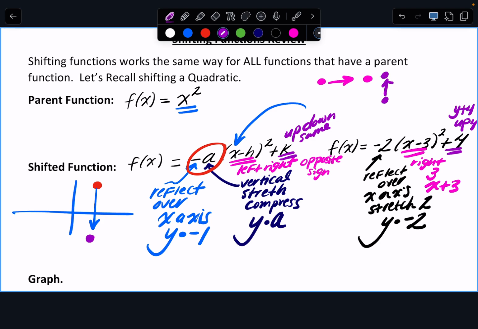So you take your y values and add 4. What I want to point out is if there's a shift for the y's twice, multiplication has to come before addition and subtraction. So you would multiply your y values by -2, and then you'd add 4. In this case, there was only one transformation for x. It was right 3. So that would be pretty easy. Now remember, the squared thing is what creates the function.